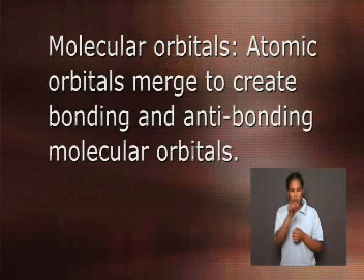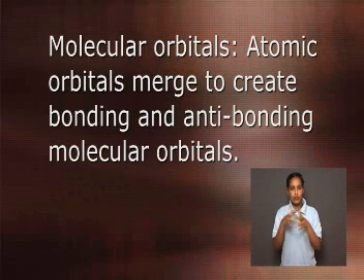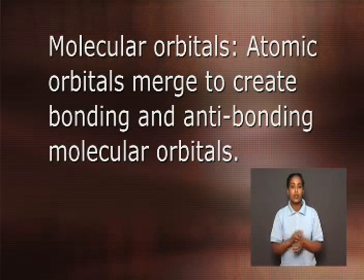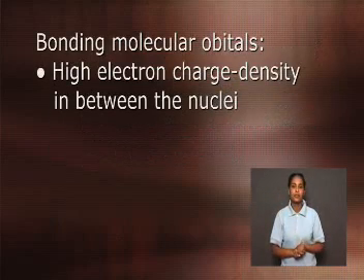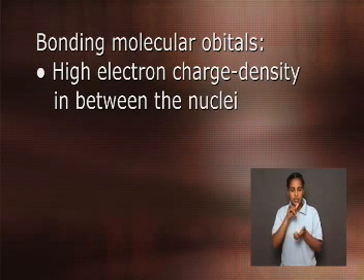Molecular orbitals are formed when atoms bond together to form molecules. During the process, the atomic orbitals merge to create two different types of molecular orbitals: bonding and antibonding. Bonding orbitals are molecular orbitals that place a high electron charge density in between the nuclei of the atoms.